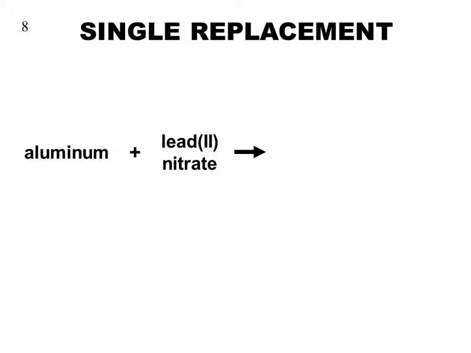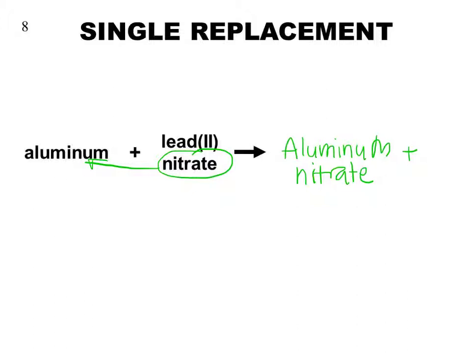Here's aluminum and lead nitrate. So you have aluminum and lead nitrate. Again, we're going to take this nitrate, and that's going to swap places. So you have aluminum now, it's aluminum nitrate plus lead. Okay, so if we go ahead and do that, let's write out the chemical equation.